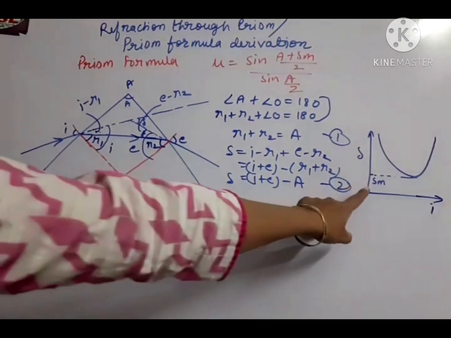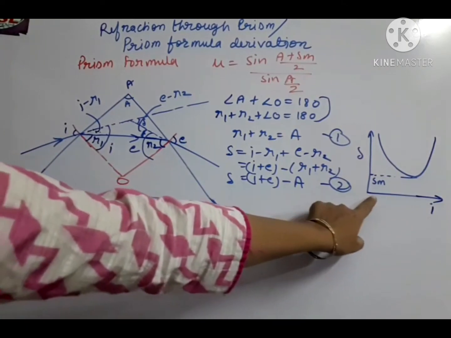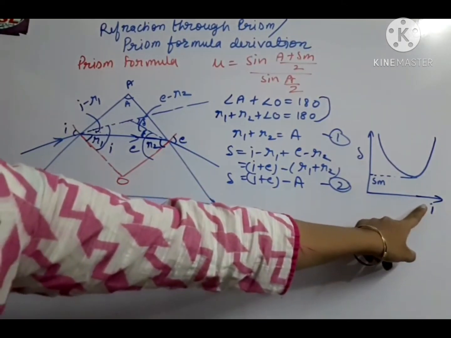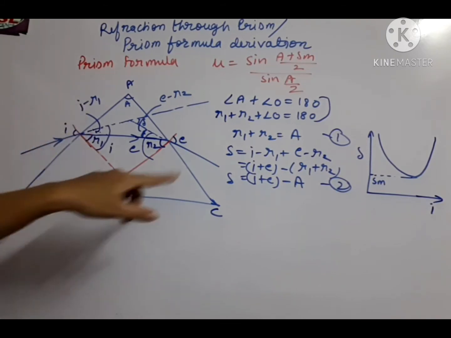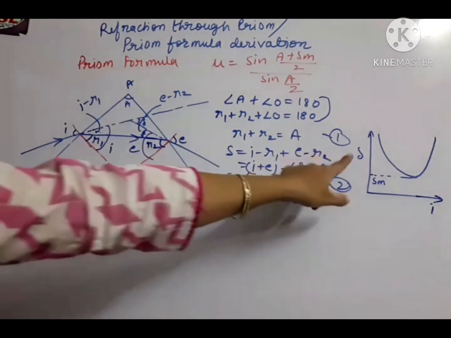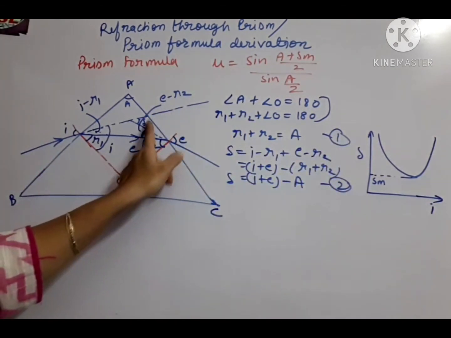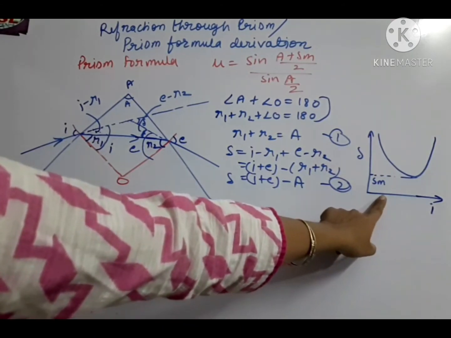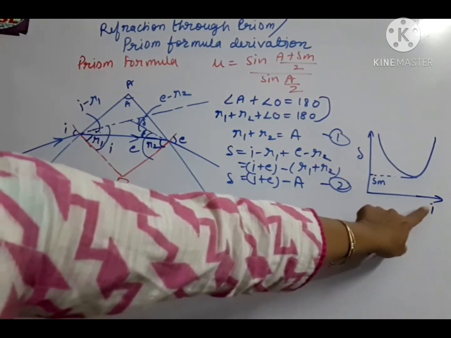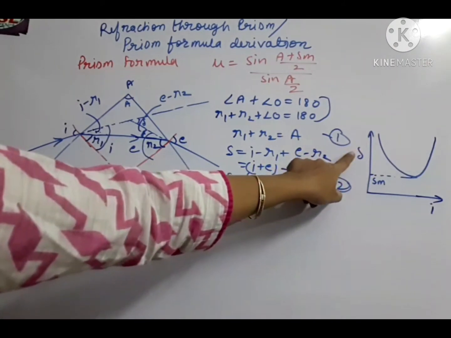Now there is one very important graph. If we keep on changing the incident angle of the ray incident on the prism, and we measure the deviation angle delta in each case, suppose we keep the incident angle at 30 degrees, 40 degrees, 50 degrees, 60 degrees, and measure the deviation angle.